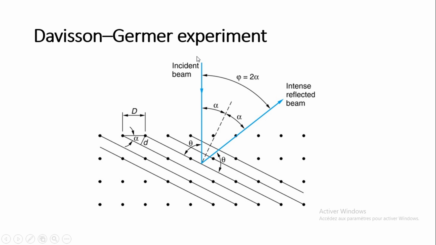And if we take an incident beam of electrons, the electrons will scatter and come here as an intense reflected beam. And as we said before, if we take a screen here, in the center it is very strong and it gets weaker and weaker as we get away from the center.